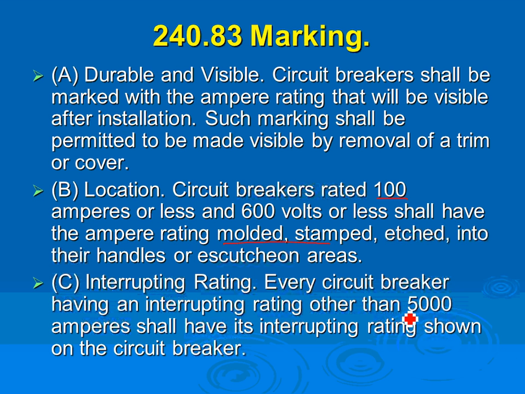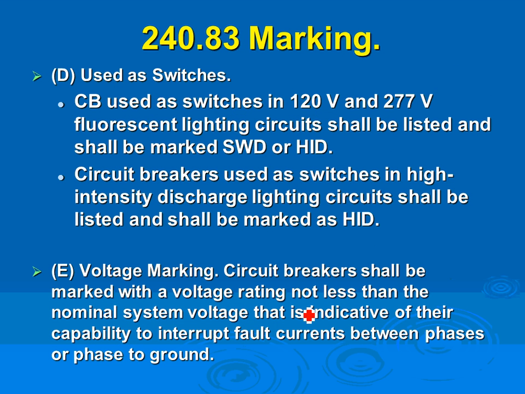Interrupting rating of a circuit breaker: unless otherwise marked, if it doesn't have a rating, it's rated for 5,000 amps. Otherwise, it has to be labeled on it, shown on the circuit breaker.